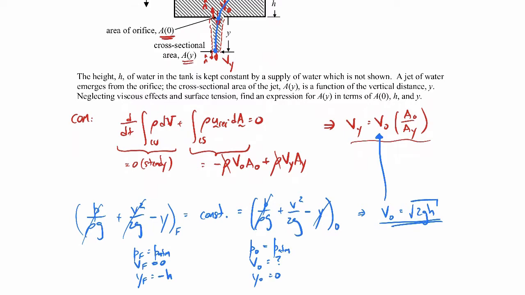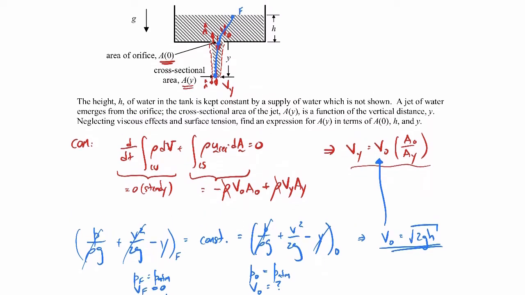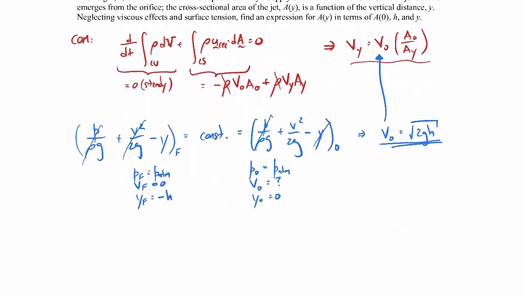And then now let's find V_y. We can still use Bernoulli's equation from point F all the way to point y here, V_y. So it's still along the same streamline. So if I do it there, what I'm going to do is just dot, dot, dot. This dot, dot, dot just is this term right here. And then that's going to be equal to Bernoulli's equation on the right-hand side.